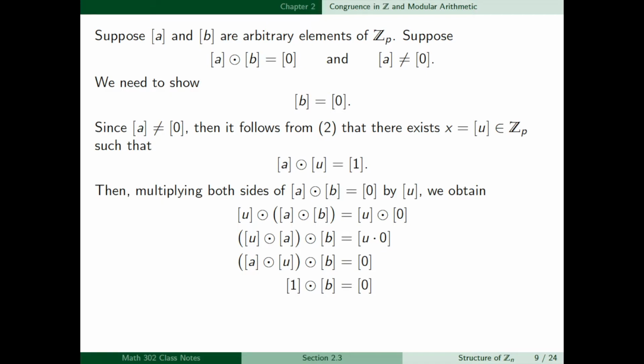So on the left side, we'll have the class of 1 times the class of B is equal to, on the right side, the class of 0. And then the class of 1 times the class of B is just the class of B. So this shows that the class of B is 0, which is what we needed to show. And so this proves the equivalent statement, so proves condition 3.